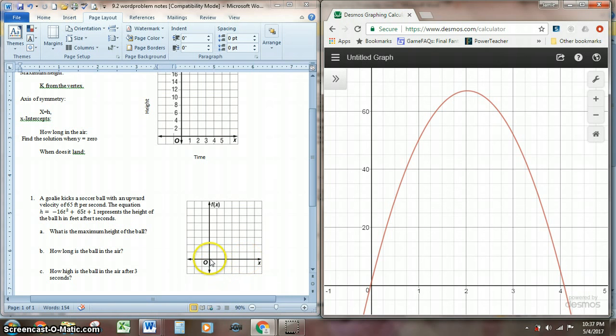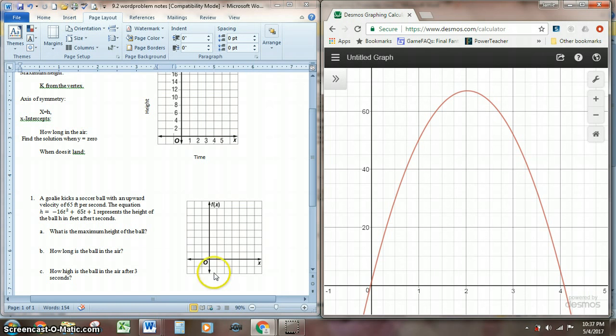But realize, just looking at this graph, it goes up to about 68, 70, somewhere in there. So if I just go 1, 2, 3, 4, I'm going to run out of space pretty quick. So you'll need to go maybe 5, 10, 15, or even 10, 20, 30 to give yourself enough room to create a decent picture of this graph. It's not going to be perfect, but the sketch really will help you make fewer mistakes.